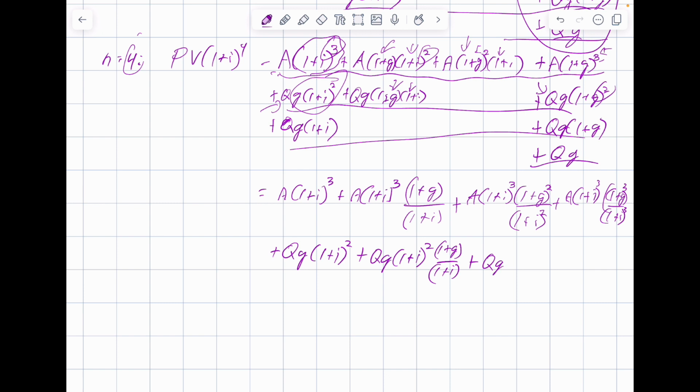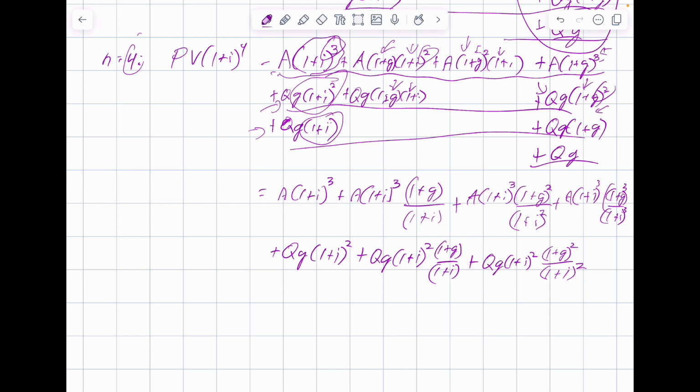And then for this term, we'll take the QG 1 plus I squared out, and we're left with 1 plus G squared, and 1 plus I squared out of the denominator since we took that out. And do the same thing with the next line.